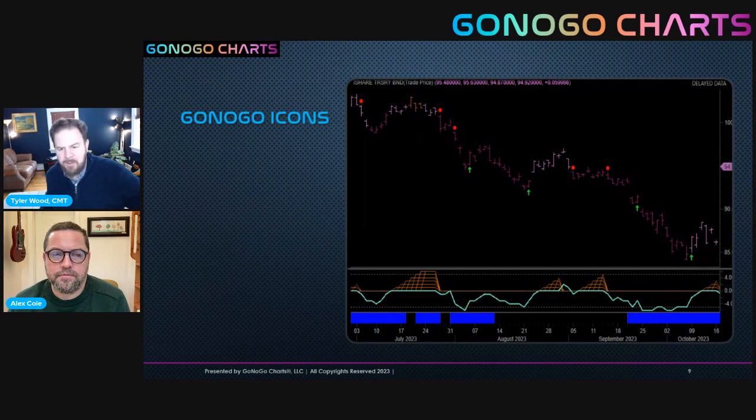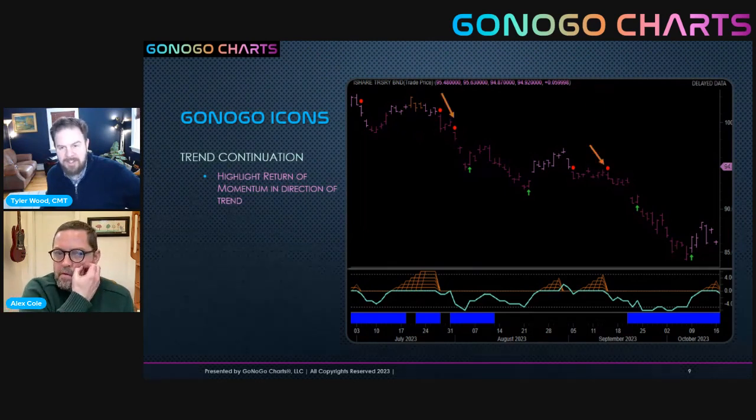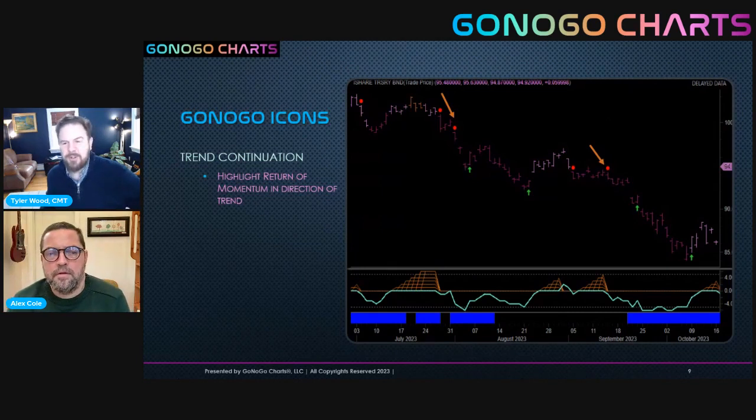So the icons are going to work the same way, but in reverse, where we have trend continuation icons. We see the circles. They are red in no-go trends, green in go trends. But the circle icons tell us that momentum is resurgent in the direction of the underlying trend. So we have enthusiastic negative momentum coupled with this downward no-go trend.